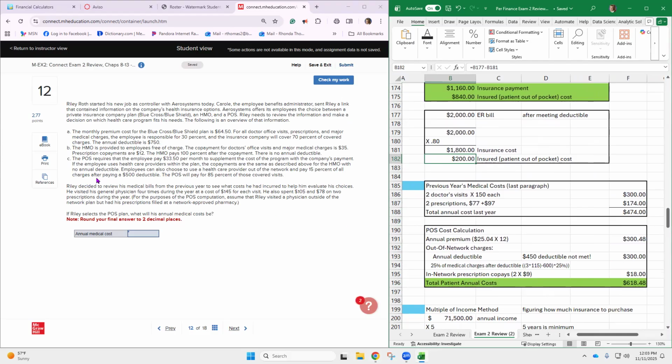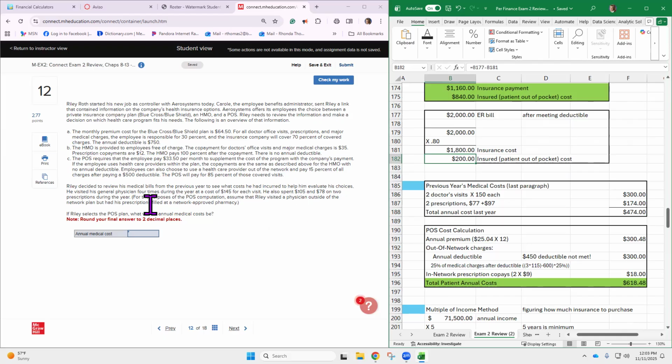The best place to start on this one, this is a person choosing a healthcare plan at their job, and it is choosing this C, the POS plan. So we're going to look at what his medical bills were from the prior year. Okay, let's get started.